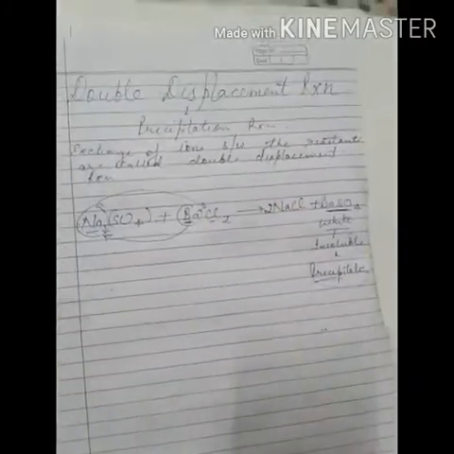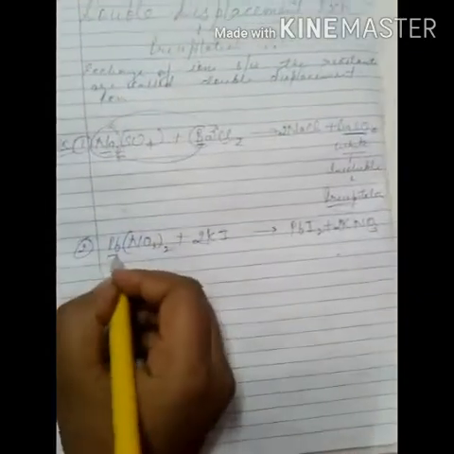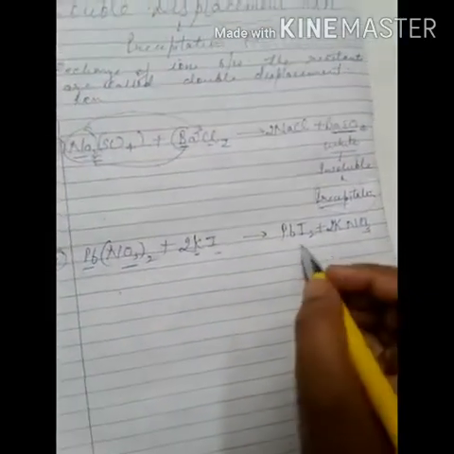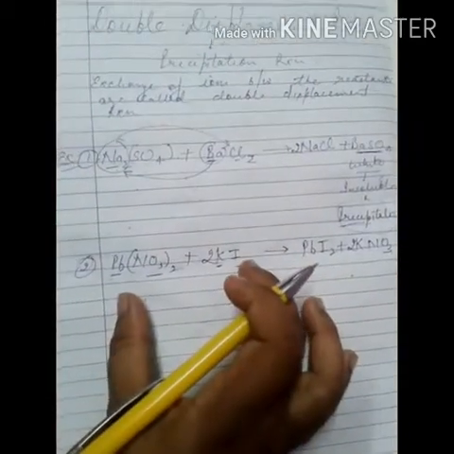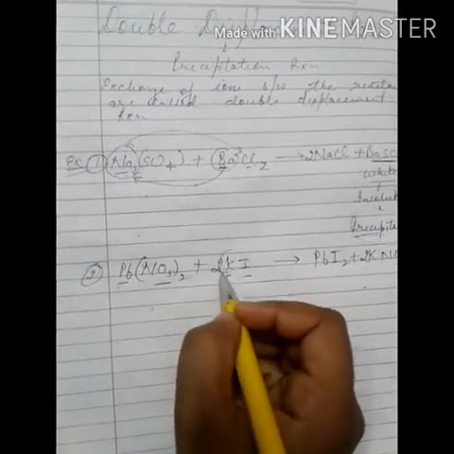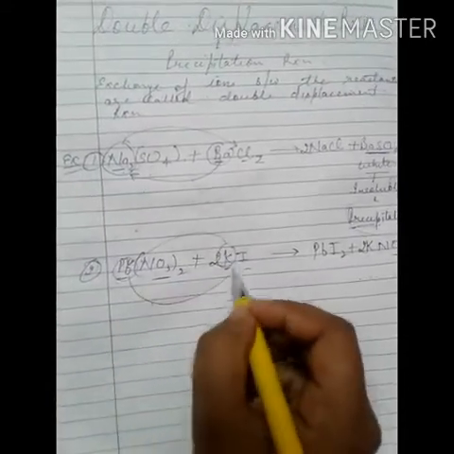So one more important example we have to cover is lead nitrate, Pb(NO3)2, and potassium iodide. They both react. Again there is an exchange of ions. Potassium is going to attach with nitrate and lead is going to attach with iodine.